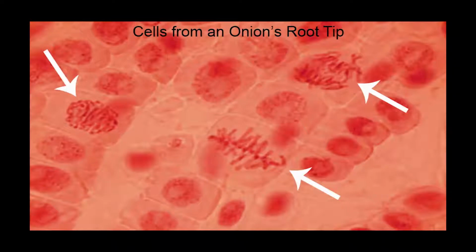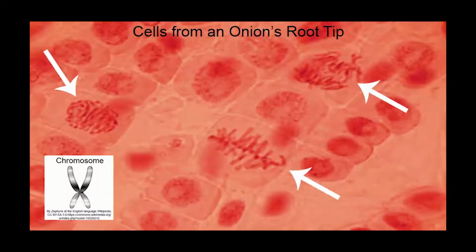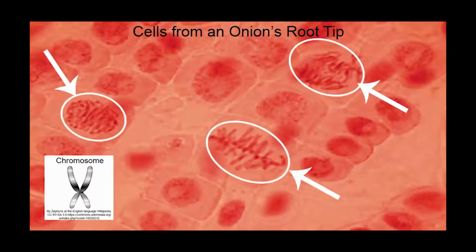What you're looking at here are chromosomes. Remember, we talked about the chromosomes being present during mitosis, and what we're looking at are these very, very condensed forms of DNA called chromosomes. If you look at the dark little dots in the middle, you can see in this one right in the middle, they've all lined up in the middle of the cell.